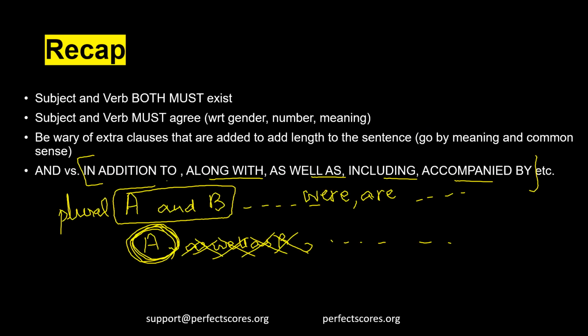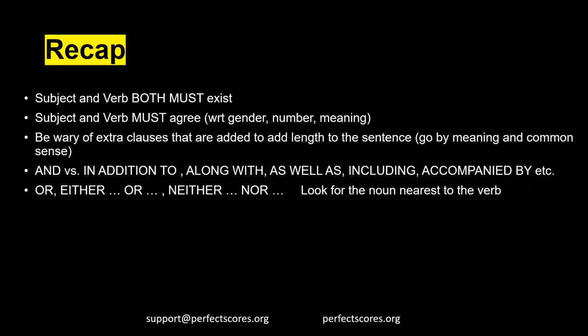So I'm just doing a recap of what we did last week, going through the rules in detail once. Okay. So this is the next rule. Whenever you have two subjects that are separated by these separators, for example, you have A or B is doing something. You have either A or B doing something, or you have neither A nor B doing something.